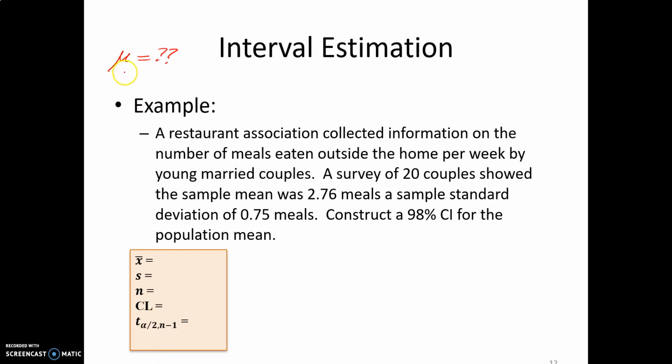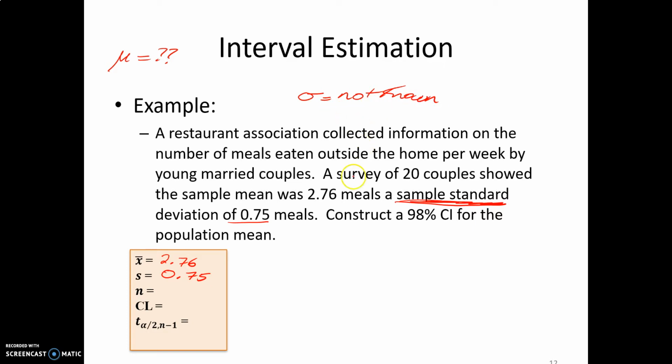Of course, we don't have enough time and money to find the population average, so we take a sample, and the sample average revealed that on average young married couples eat out 2.76 times. This here is a sample standard deviation of 0.75, and the wording is very important. This tells us the sample standard deviation. We do not know the population standard deviation, so this value here is not known.